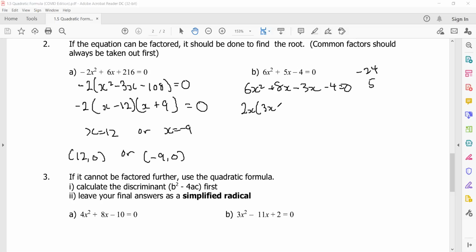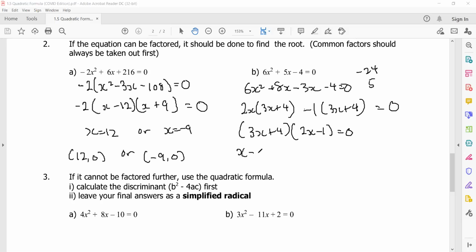2x, 3x plus 4, minus 1, 3x plus 4. So my factored form is not the prettiest, but the process is still the same.